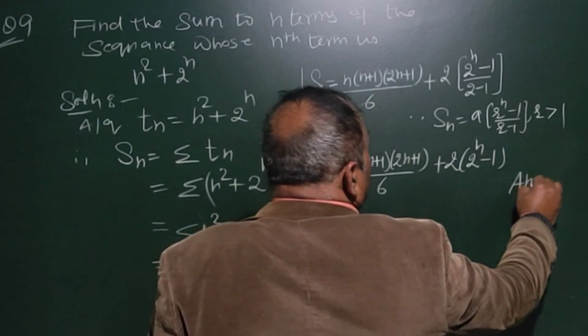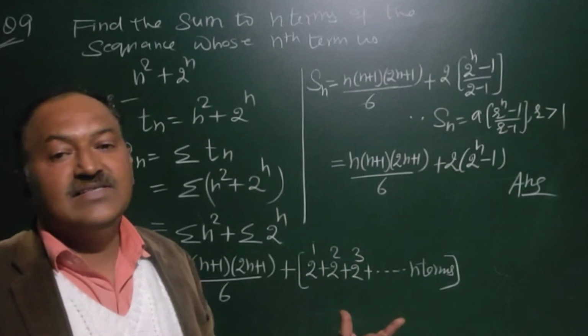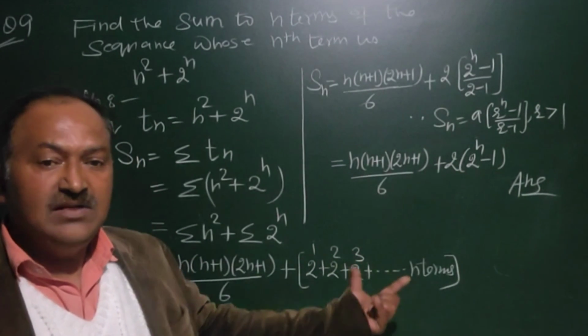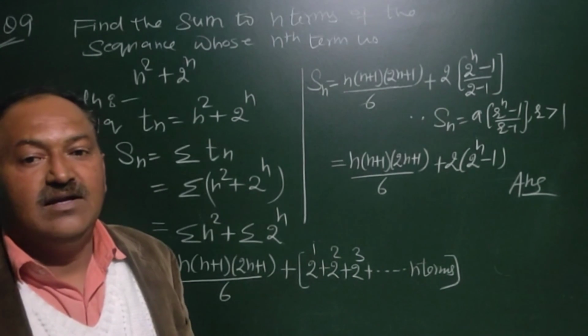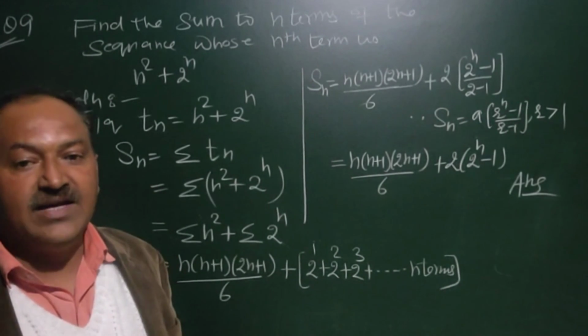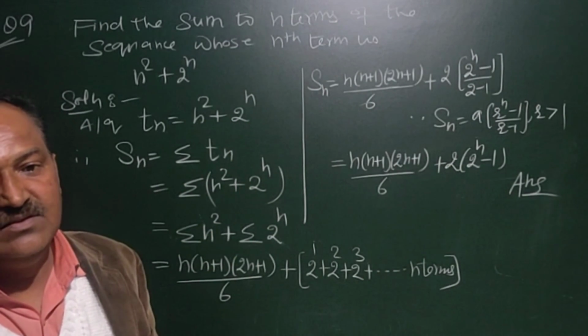That is the answer of this question. Very easy. If the nth term is given, then it is very easy to find the sum to n terms of such type of sequences.